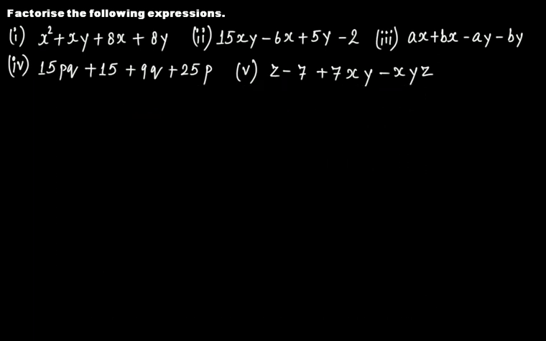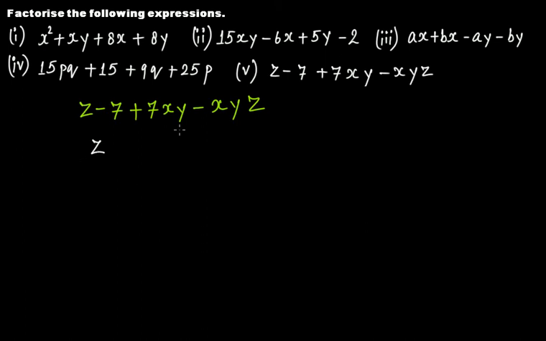Now this is the fourth one, and here you have z minus 7 plus 7xy minus xyz. Okay, what can we do in this case? This is z minus 7 and this is 7xy. What we can do is, let's group like this. Take this z. We cannot use the method of common factors directly because here we have 4 terms, and they don't contain any common factors.